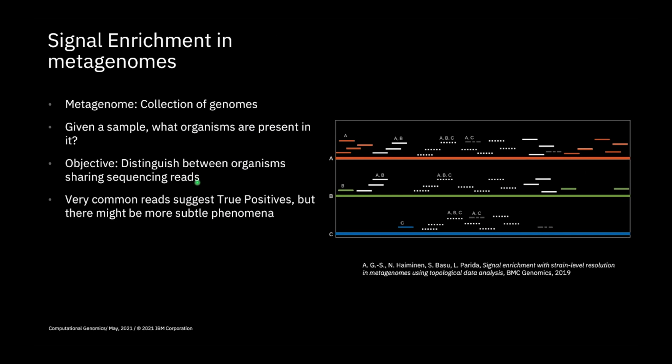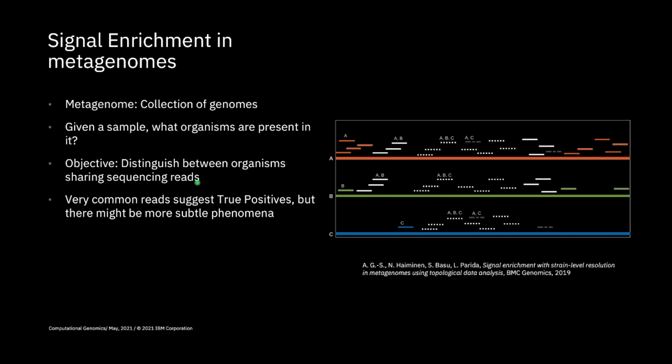So there are databases that researchers have put together where you can query sequences, these reads, and ask what organisms have those reads in their genome. And so you could have a situation where you have a lot of unique reads mapped to a single organism.